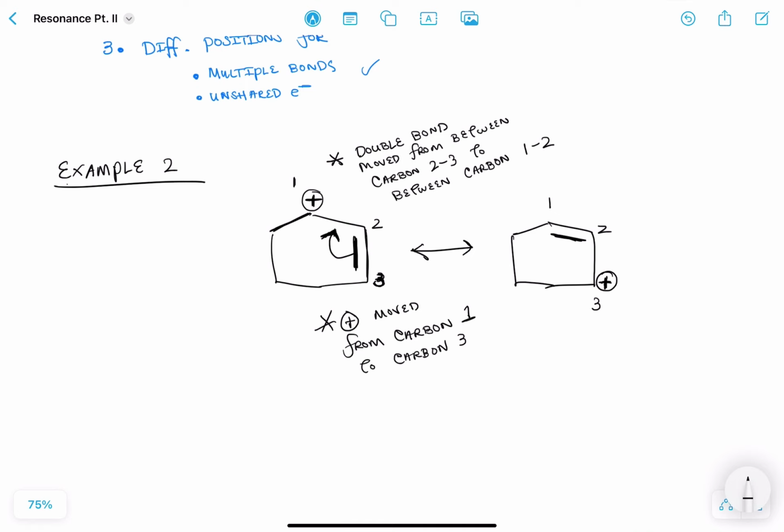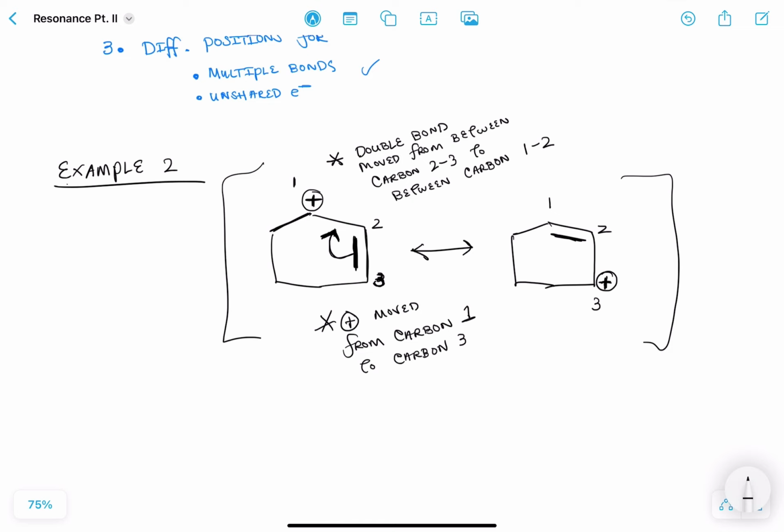Students will make that mistake again and again. If you're drawing an arrow starting from a positive charge, in any direction, anything coming out of a positive charge, you're wrong. You can't have anything out of a positive charge. Arrows can only start from lone pairs and multiple bonds, right? And so this is our resonance structure, right?